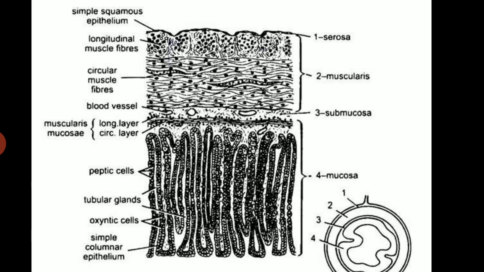Mucous neck cells are present in the upper part of the gastric gland. They secrete thin acidic mucus that is much different from the mucus secreted by the goblet cells of the surface epithelium. The role of this mucus is not currently known.